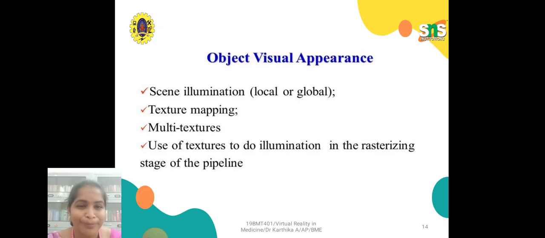Okay, with the help of this geometric modeling, we can have a better object visual appearance. For this we need scene illumination, local or global, texture mapping, multi-textures, and use of textures to do illumination in the rasterizing stage of the pipeline.